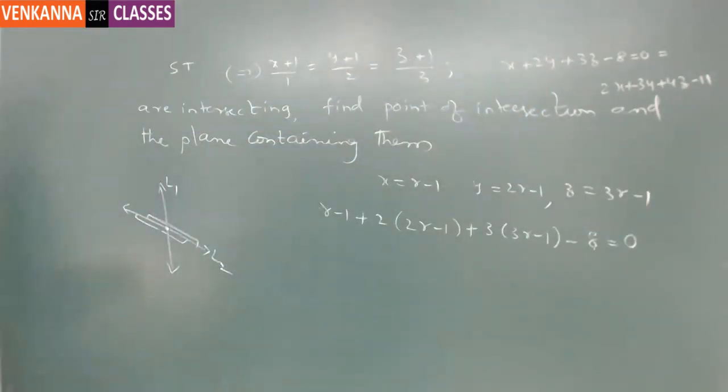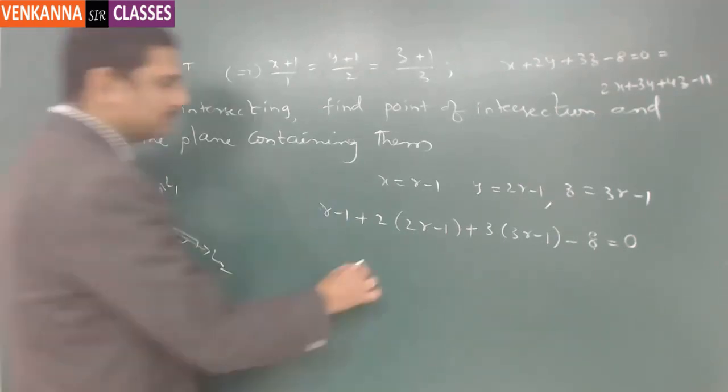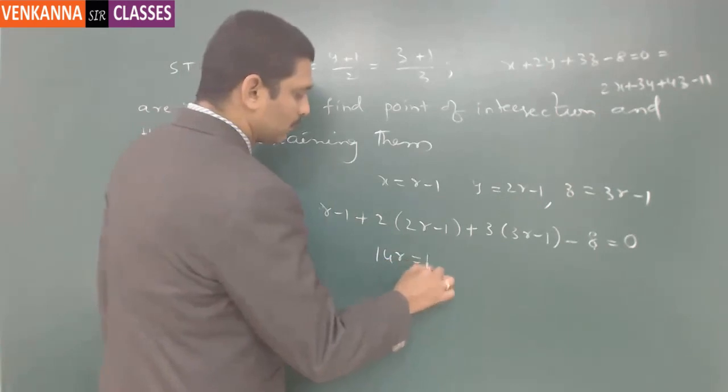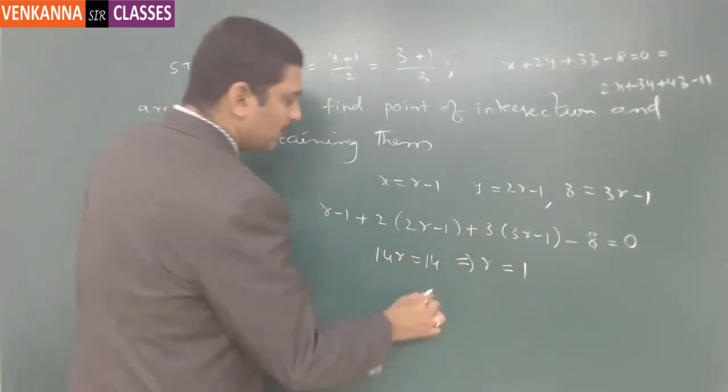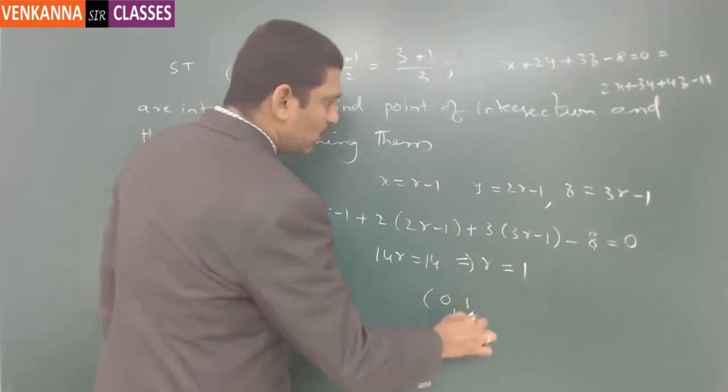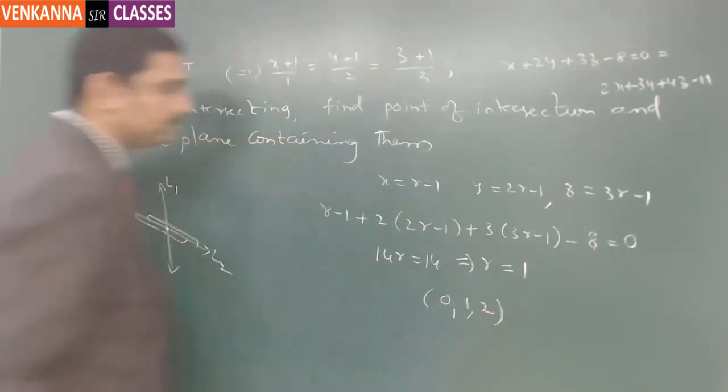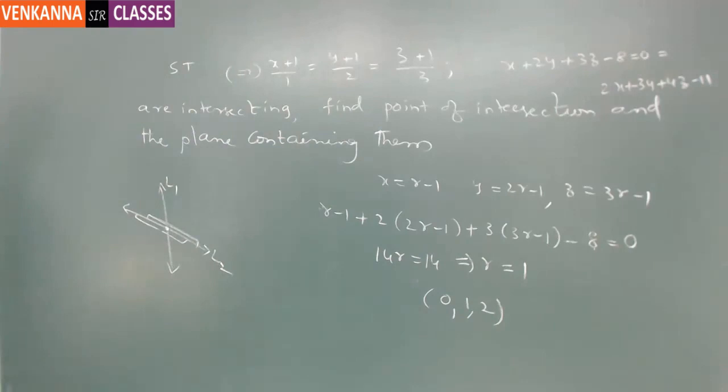I have considered the first plane of the second line, which is given in unsymmetric form, and substituted the respective coordinates there. If you simplify that, you will get the value of r, hence the point of intersection will be 0, 1 and 2. Please note that.